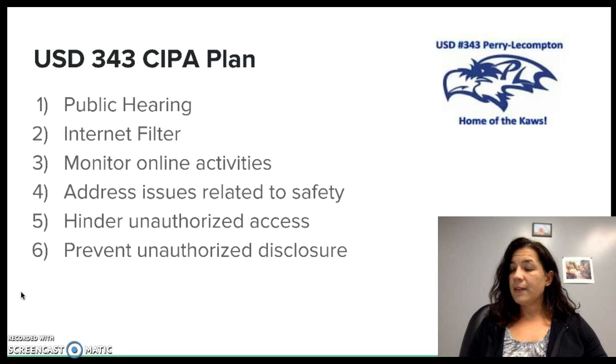The second piece of the plan is to install blocks or internet filters to limit access by both minors and adults to child pornography or materials that are obscene, inappropriate, or harmful.